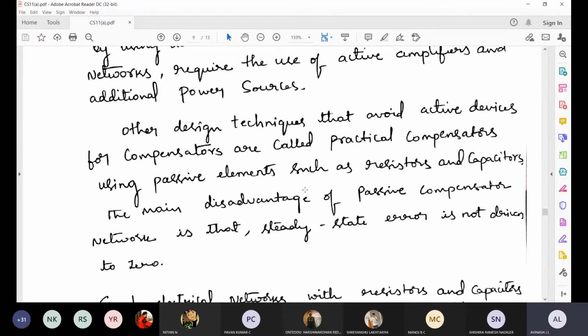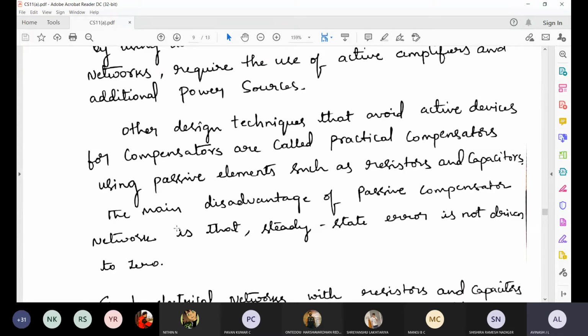By using resistors and capacitors we can build the network. The main disadvantage of a passive compensator network is that the steady state error is not driven to zero.